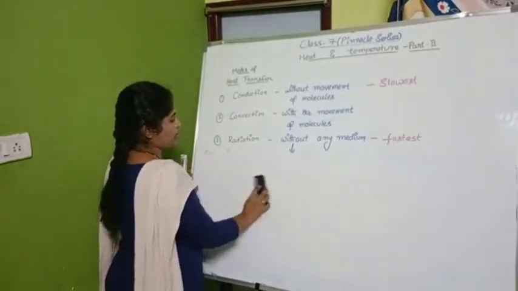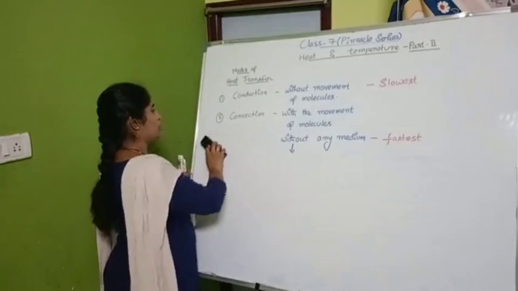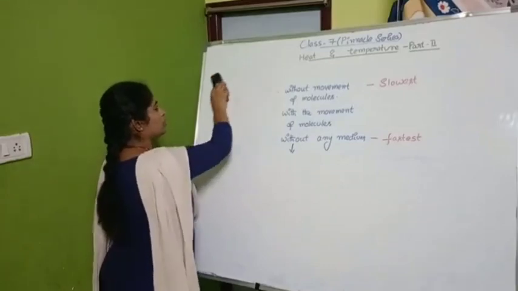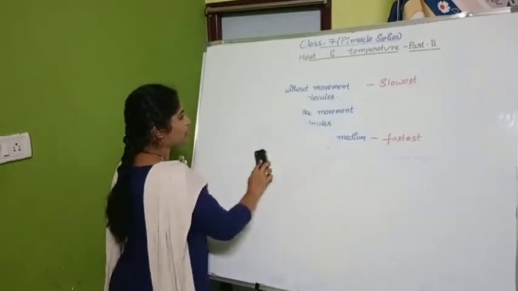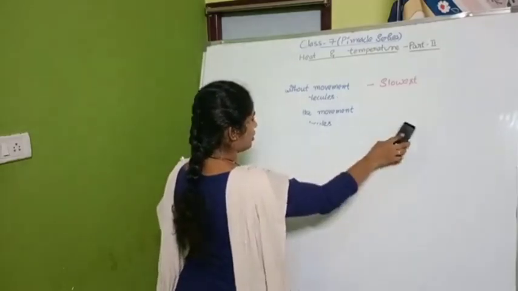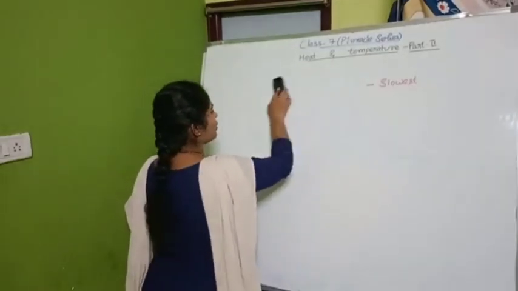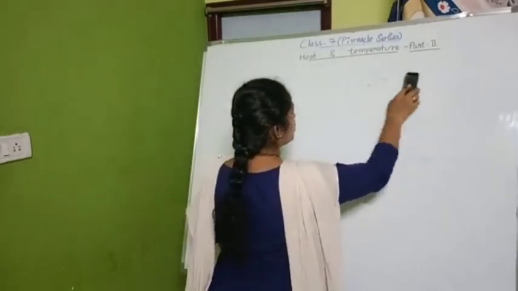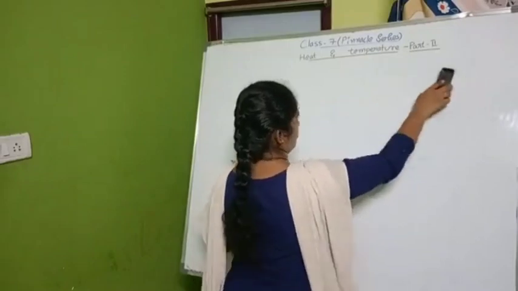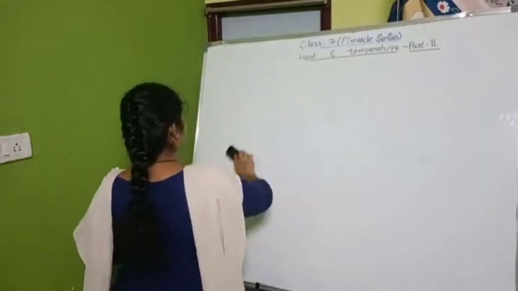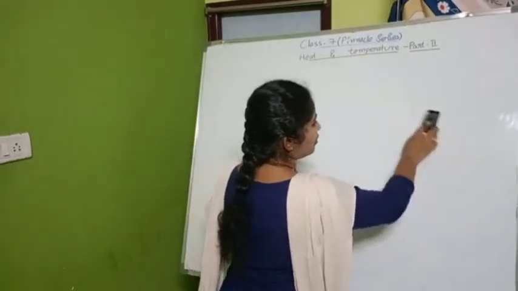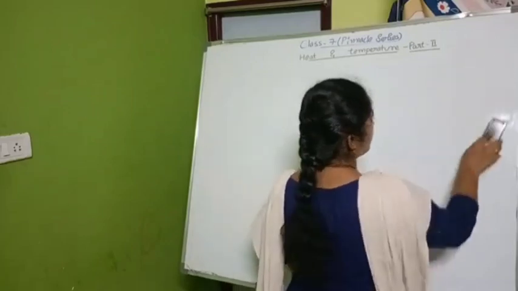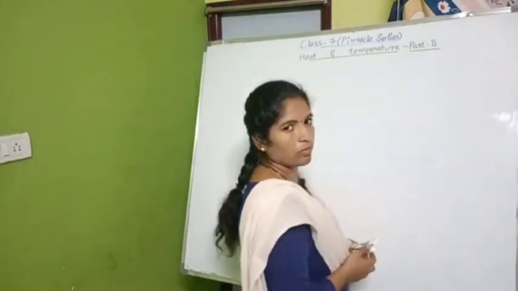Now we'll move to conductors and insulators. When we were discussing the thermoflask, I said that the gap between the inner wall and the outer wall is filled with an insulator or a vacuum. You know vacuum? Vacuum is a medium which doesn't have any matter, any particle, right?